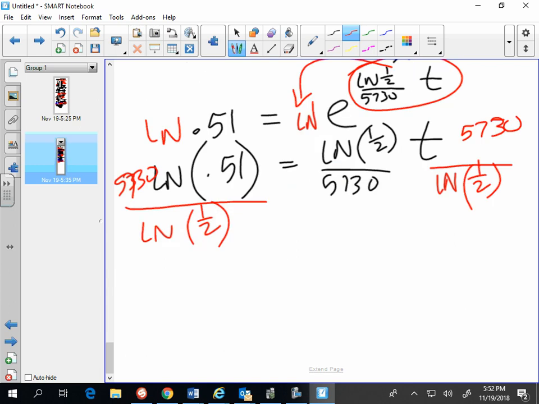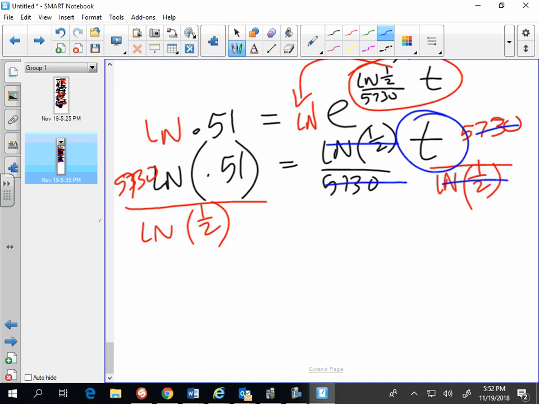Okay, on the right-hand side, though, we've got lots of canceling. The ln of a half cancels, the 5730s cancel, and so we're left with just t. So t equals 5730 times ln of 0.51 divided by ln of a half.